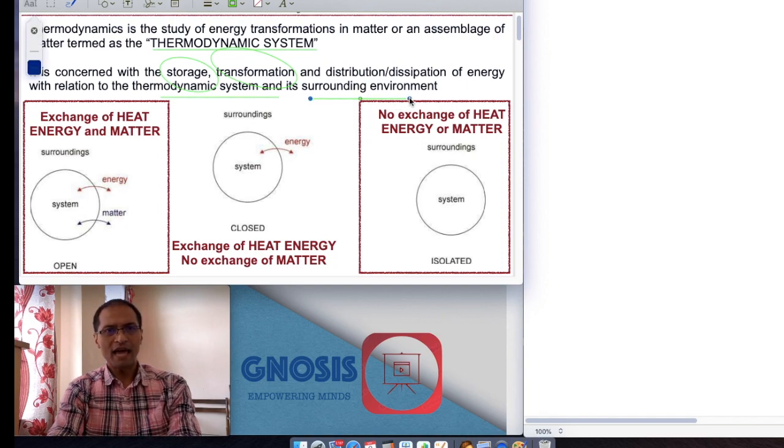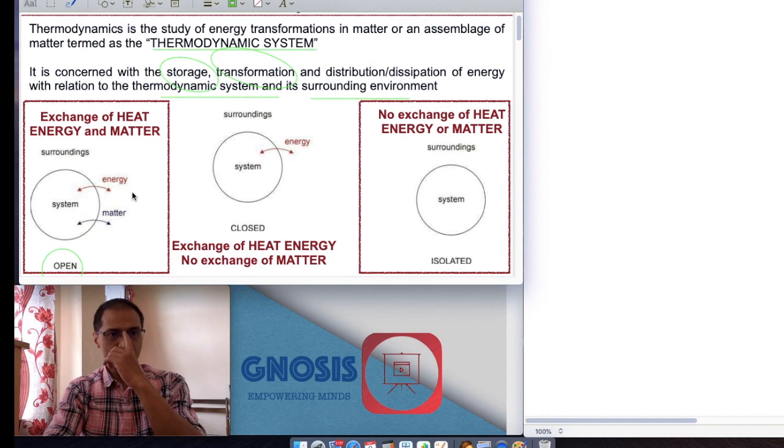You can have three kinds of thermodynamic systems. First, the open thermodynamic system. In this kind of system, energy from the surrounding can enter the thermodynamic system, and energy from the thermodynamic system can also exit to the surrounding environment.